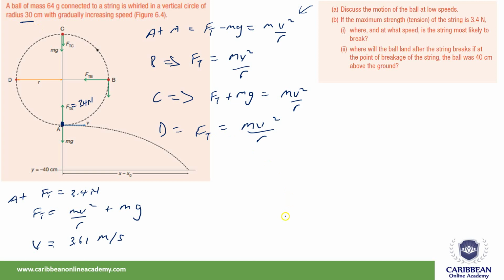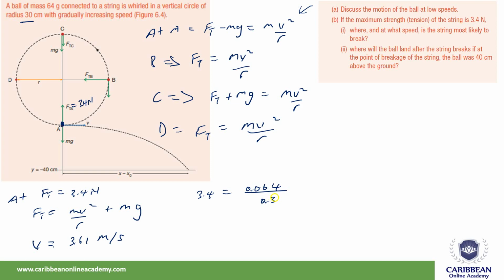So let me just work out the first portion that you guys need to. Provided that I know my tension, which is 3.4, that is equal to the mass, which is 0.064 kilograms, divided by the radius. Were we given the radius?